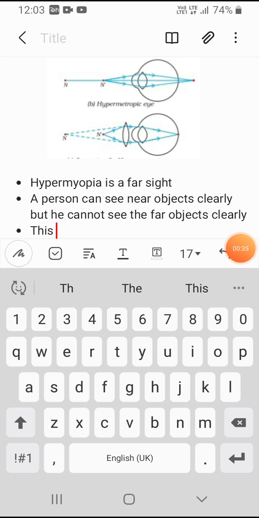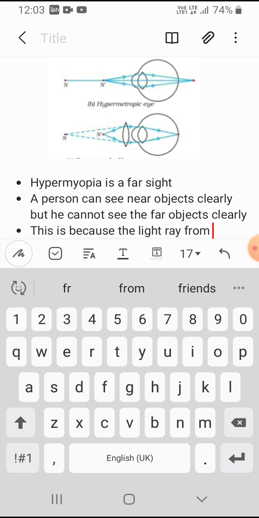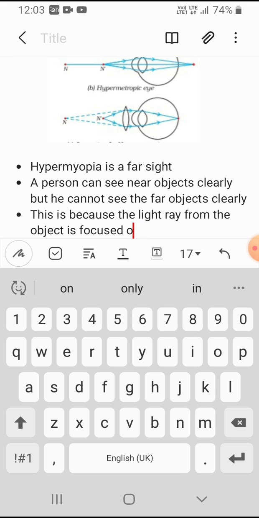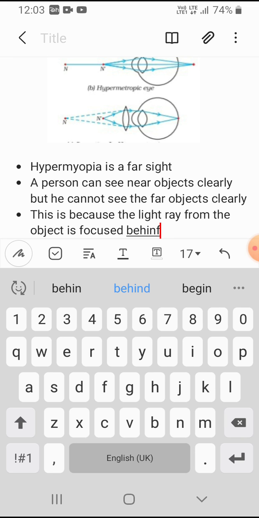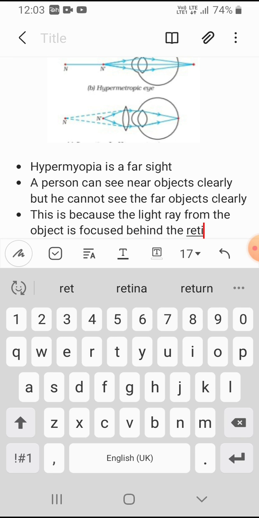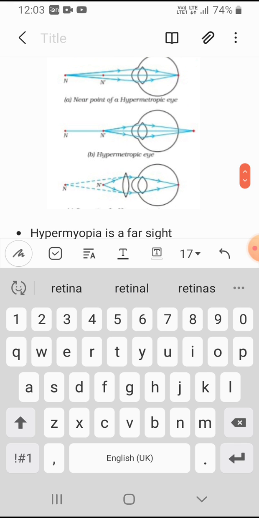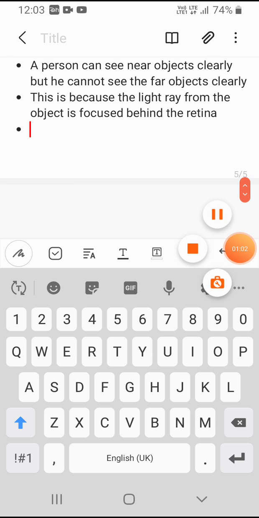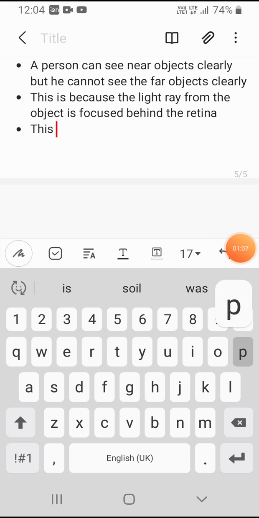This is because the light ray from the object is focused behind the retina. It is not falling on the retina, it is falling behind the retina. See here, you can see the far object ray is falling behind the retina. Because of that, we can't see the far object clearly.